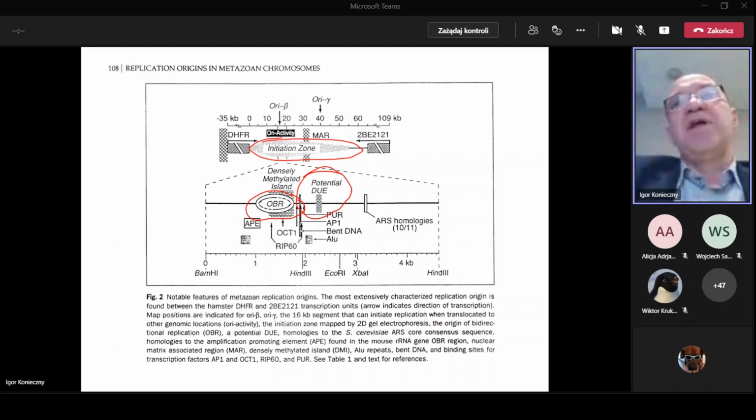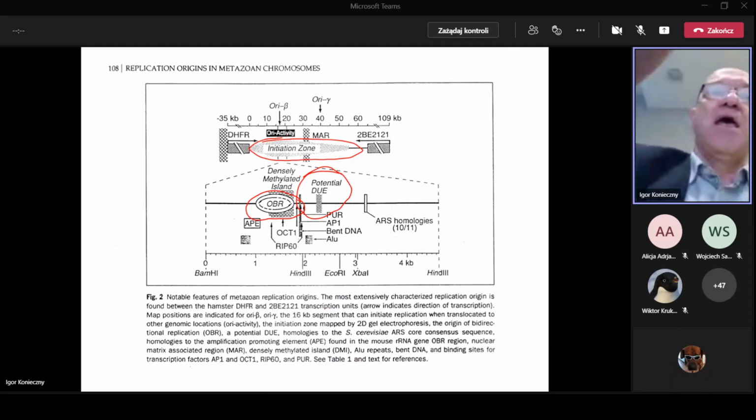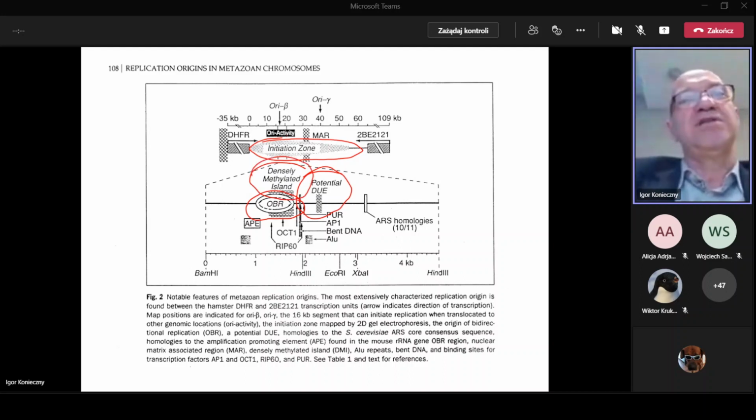But different modifications of DNA, like methylation, can also have an effect on whether this origin is active or not active.